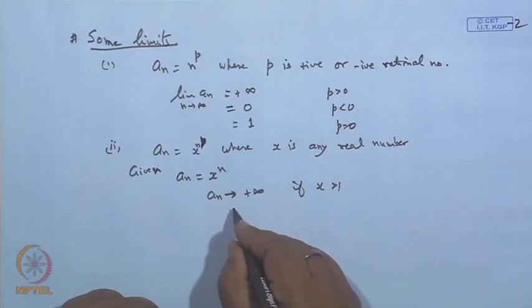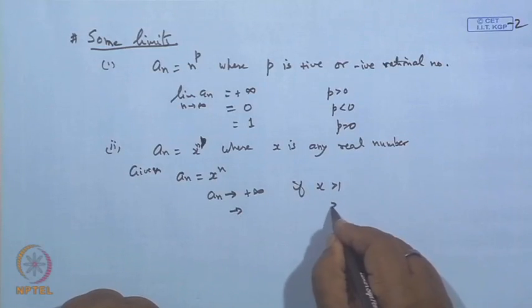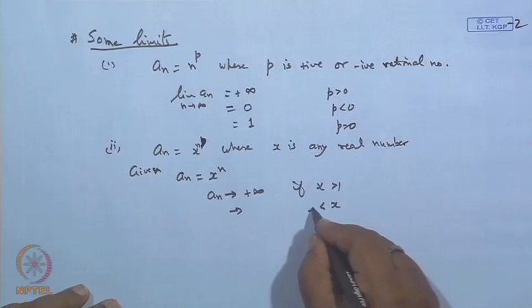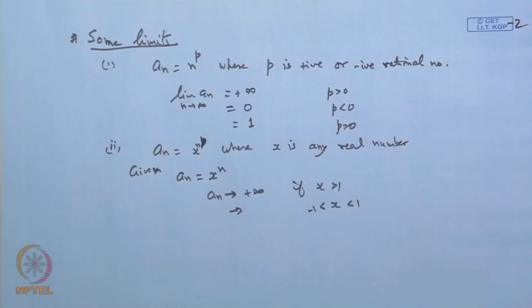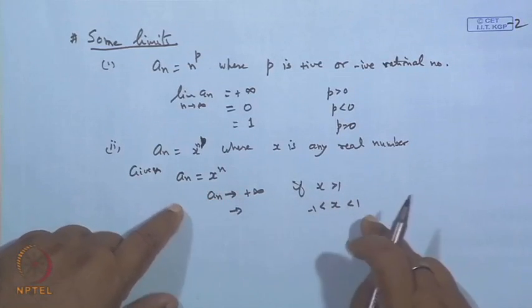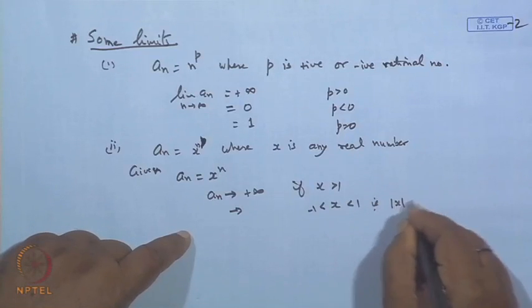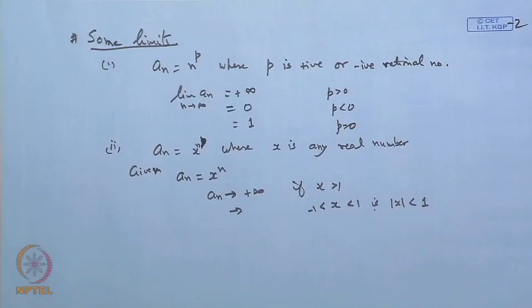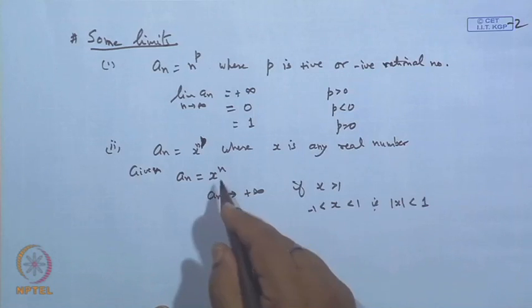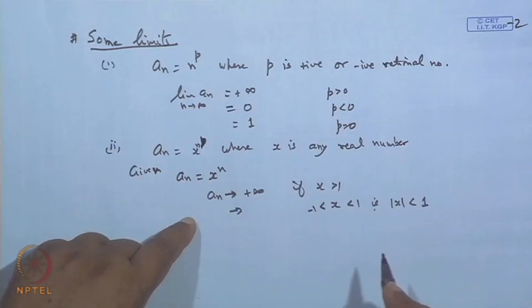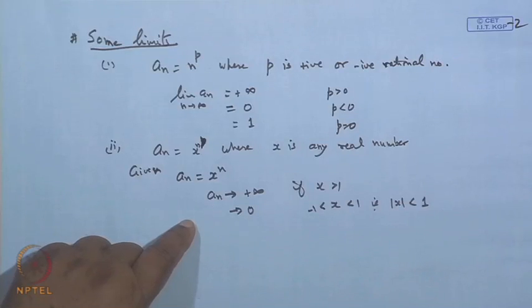And when x lies between minus 1 and plus 1, it means mod of x is strictly less than 1, the absolute value is less than 1, then in that case this sequence will keep on decreasing and decreases to 0.